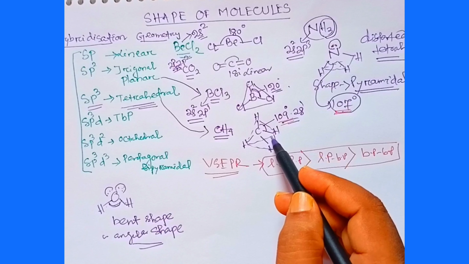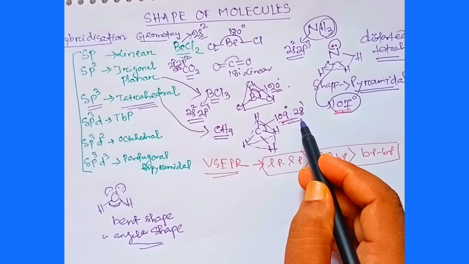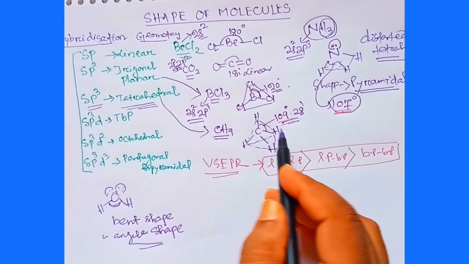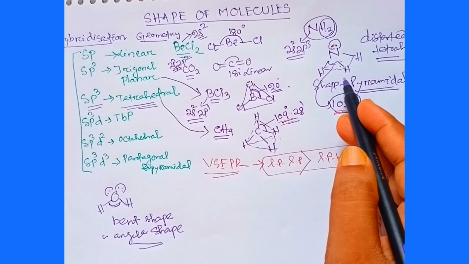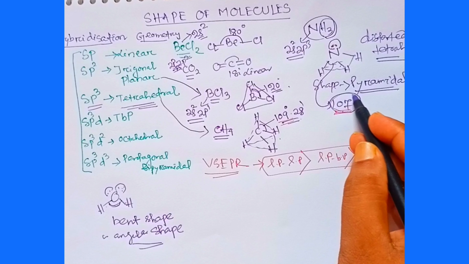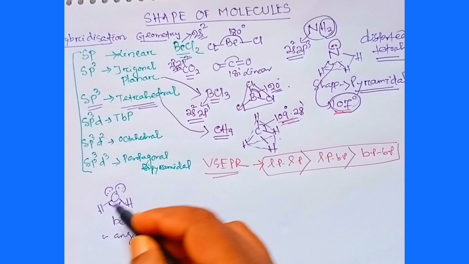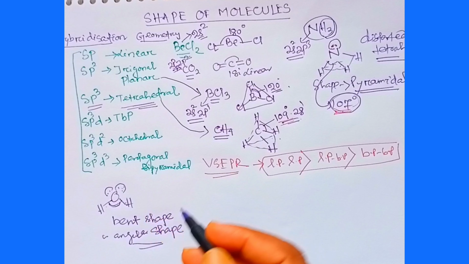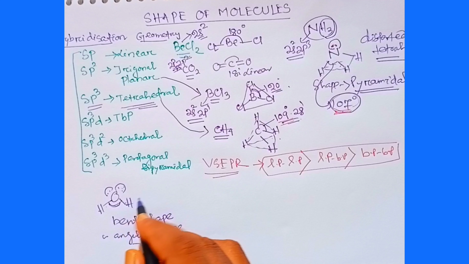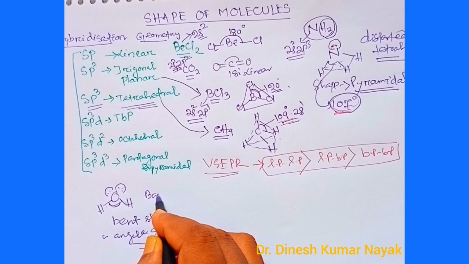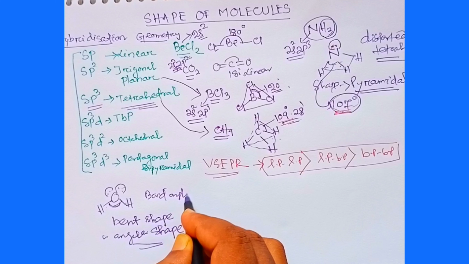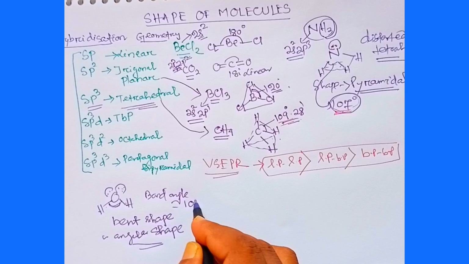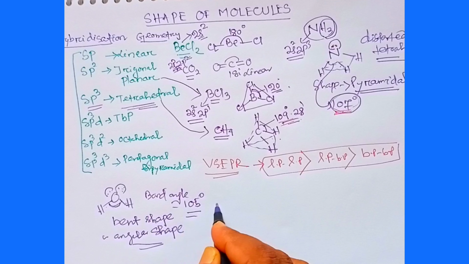Obviously it will be less than 109 degrees 28 minutes, which is the regular tetrahedral bond angle, but it will also be less than 107 degrees, because in the water molecule there is more repulsive force. So the bond angle will be closely 105 degrees.